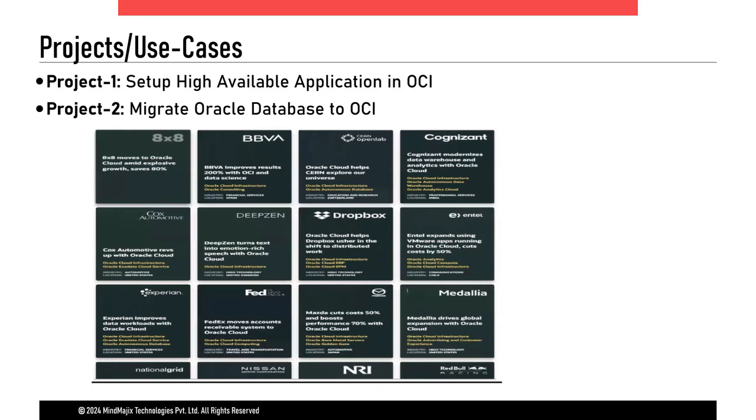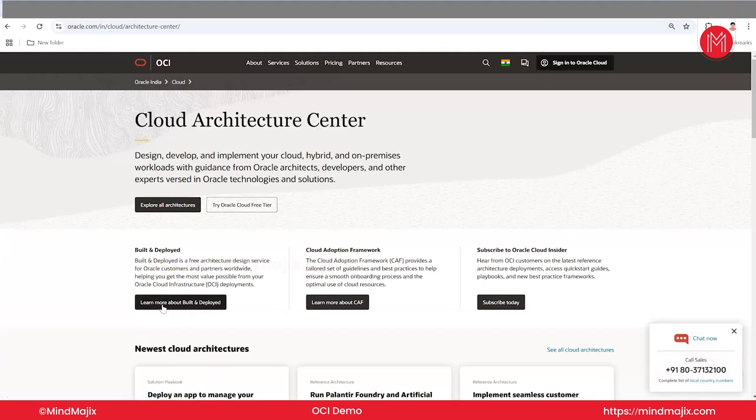In the OCI official documentation, industry use cases are given as well, like which company has utilized which architecture. There are reference architectures we can go through showing how a workload has been transformed into OCI. Multiple documents are available, so we can study them. Here it is built and deployed.